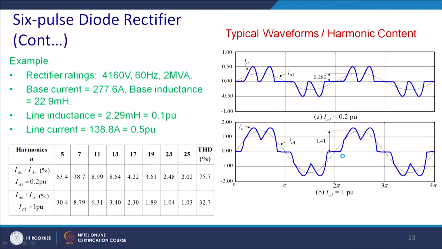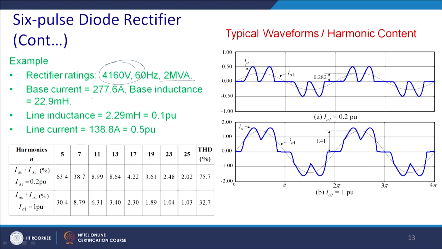So, this is a waveform we can see, an example of the 6 pulse diode based rectifier, and the rectifier rating is this much volt, 60 hertz and 2 MVA.